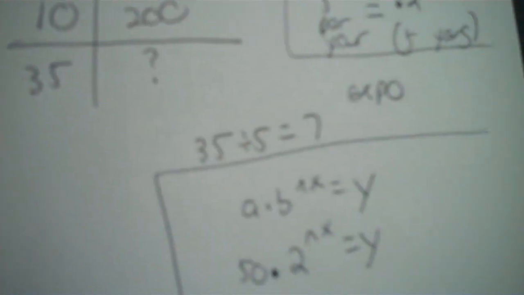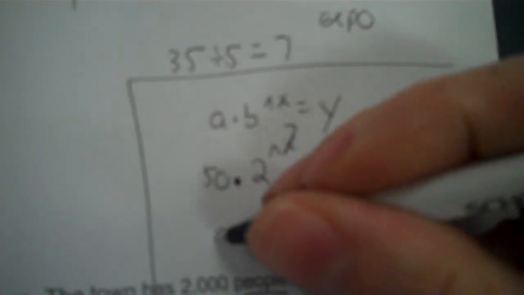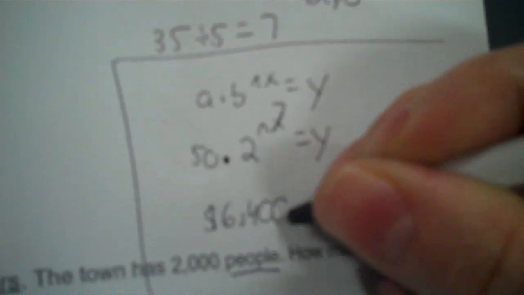So 35, but since you're going by fives, you have to divide it by 5, and that's 7. Okay, so it's to the power of 7. So 50 times 2 to the power of 7 is $6,400. So that's going to be a pretty valuable piece of antique when I'm done.